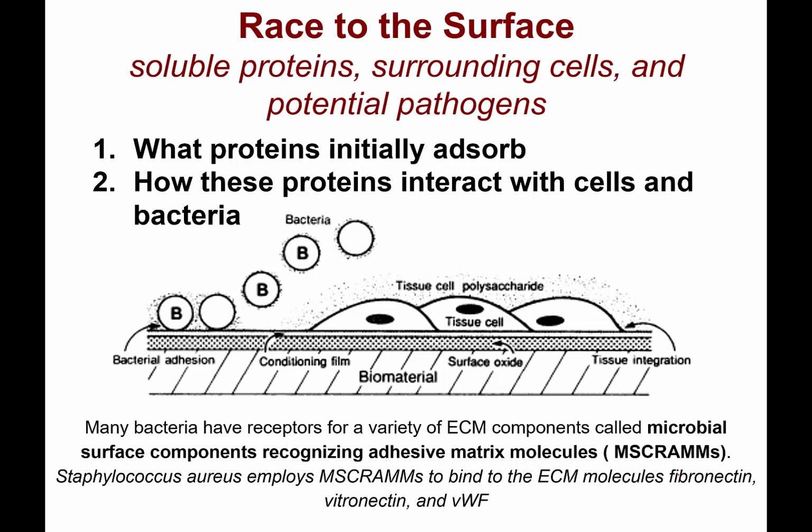Well, the bacteria can also respond to adsorbed proteins, so that can dictate what bacteria will attach. The proteins can get there first, of course, because they're small. But then our surrounding cells get on the surface, and then potential pathogens. They're all kind of competing against each other. And if the pathogens win, then we lose and we have a device-associated infection.